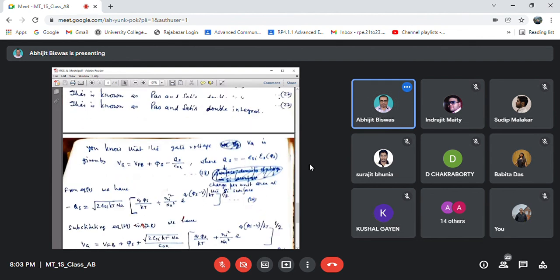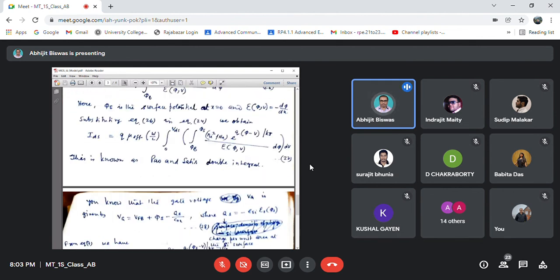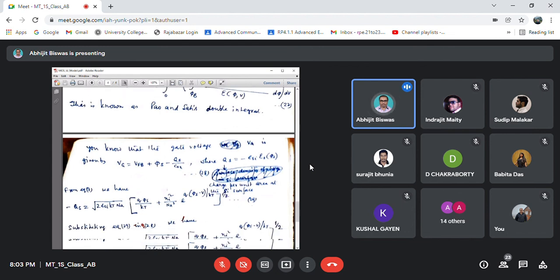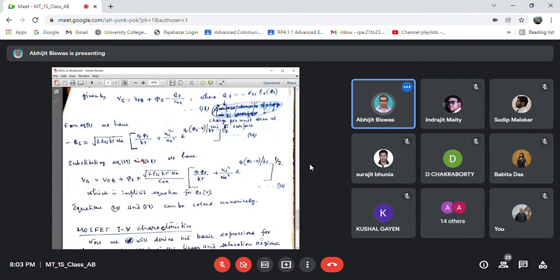Again, phi s is also within this limit. Therefore, these two equations, 27 and 30, are coupled together, and you have to solve them numerically. Sometimes you need to take into account the iteration technique as well.